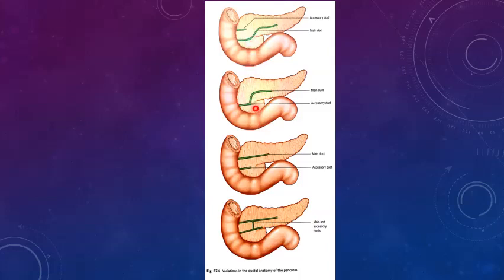Sometimes the accessory pancreatic duct may be seen at the inferior part of the main duct, on its lower side, with no communication with the main pancreatic duct. It is opening separately. And sometimes an H-shaped communication can be there between the main and the accessory pancreatic ducts.